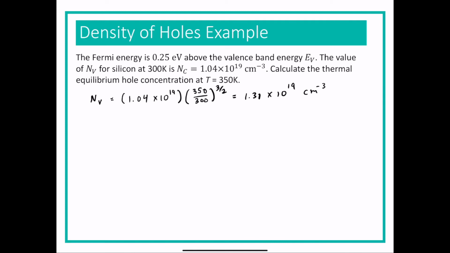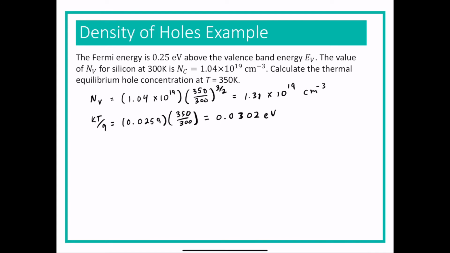And also, we have to adjust the value of KT over Q. I could calculate KT over Q if I wanted to, but I can just take the value that we got in the last problem, 0.0259, and multiply by 350 over 300, and that will scale it up to the value that we need, 0.0302 electron volts.